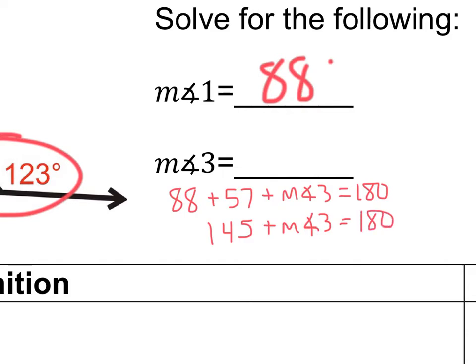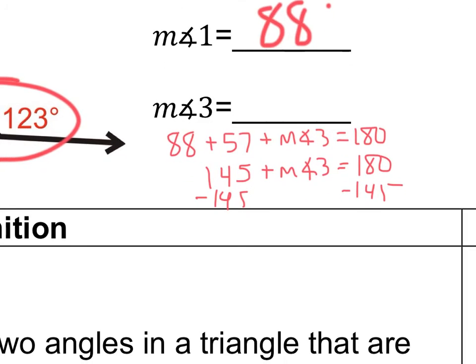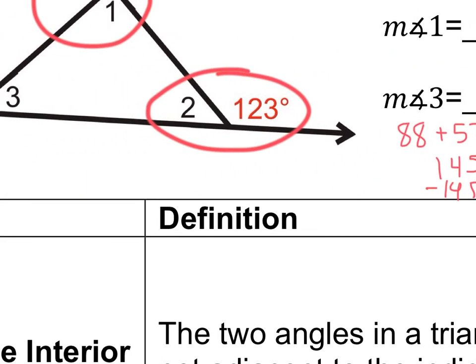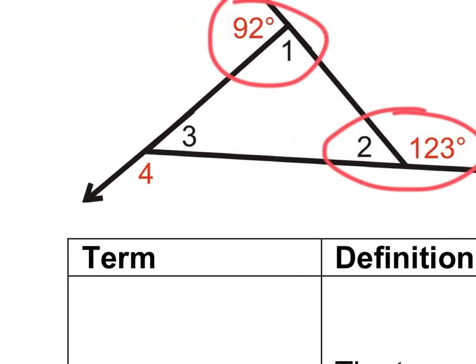Subtract 145 from both sides, and I have the measure of angle 3 equals 35 degrees. So I put in the 35 there.